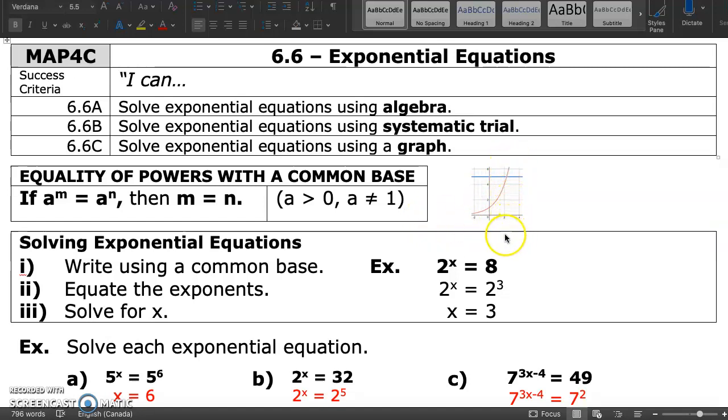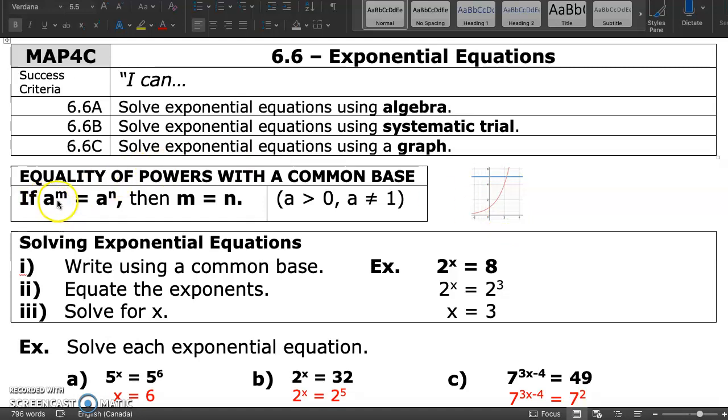So, for example, 2 to the x is equal to 8. Let's say that this right here was the height 8 on the y-axis. There's only going to be one instance where the exponential curve goes past y is equal to 8 for this value of x.